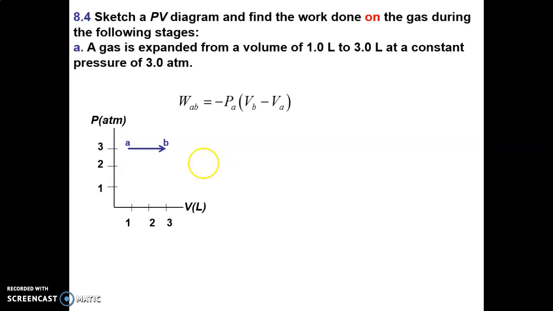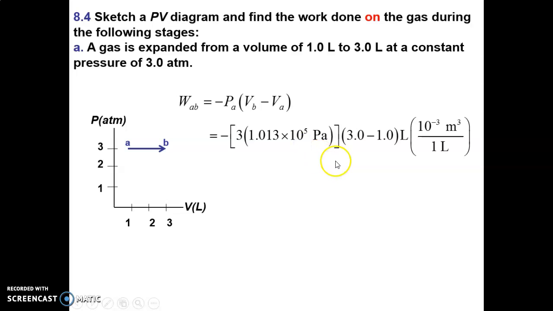Work done. We have a positive volume change, so we should get a negative answer.